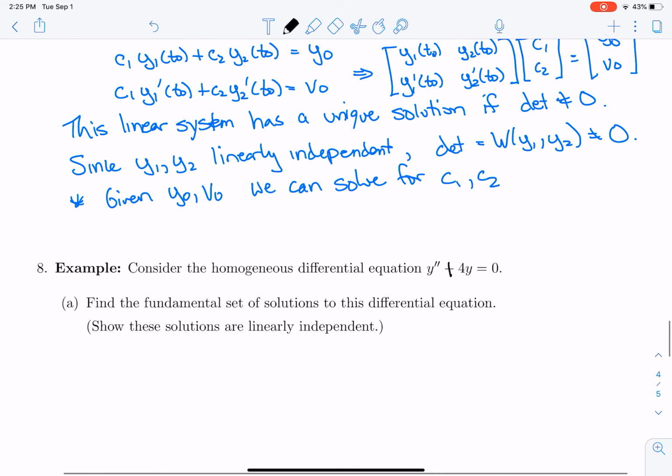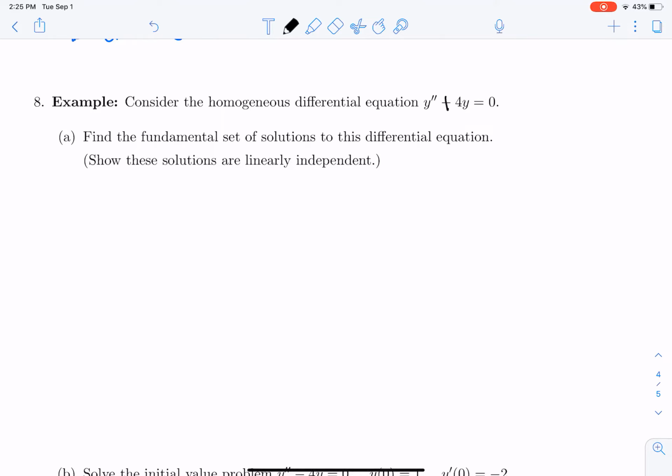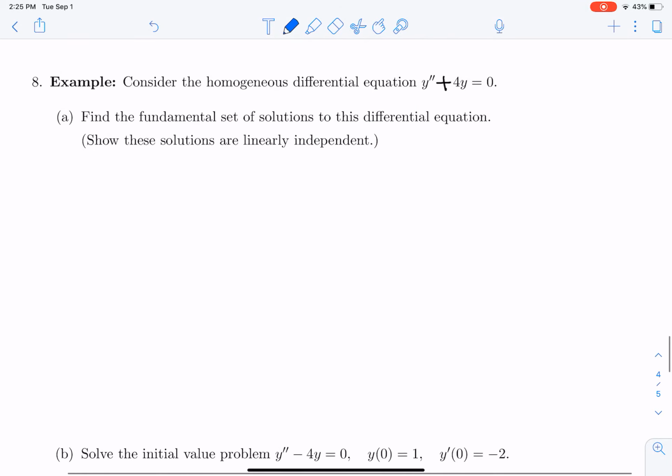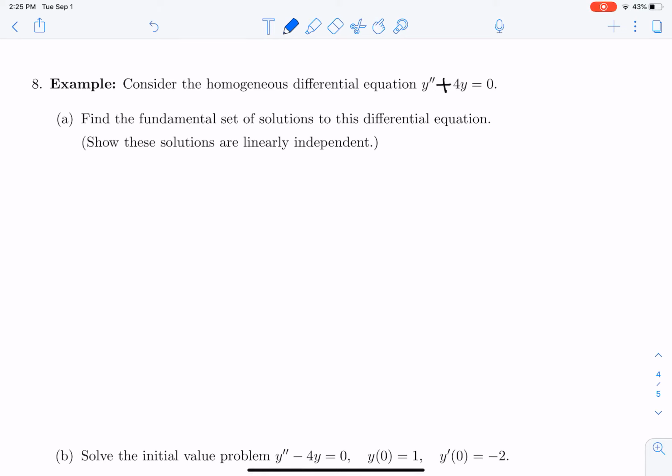Okay. So I want to solve the homogeneous differential equation y double prime plus 4 times y is equal to 0. So we actually solved this one before, right? It's in the form y double prime plus omega squared y is equal to 0. So I know that the fundamental set of solutions is going to be cosine 2t and sine 2t.